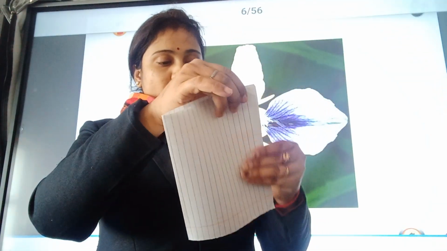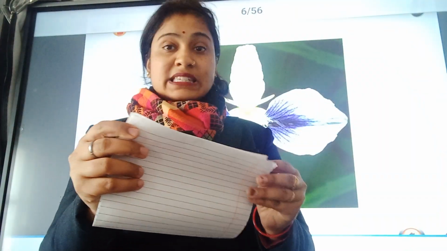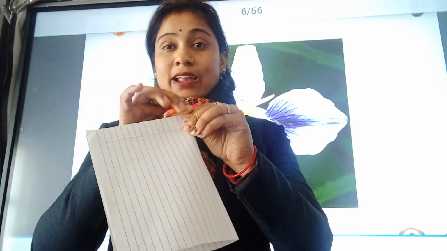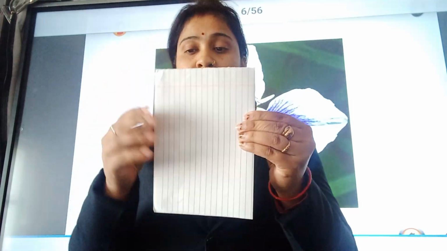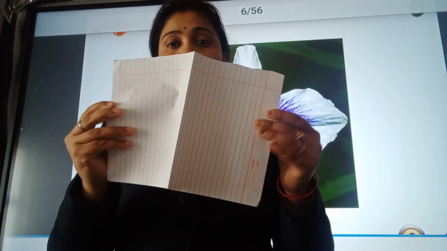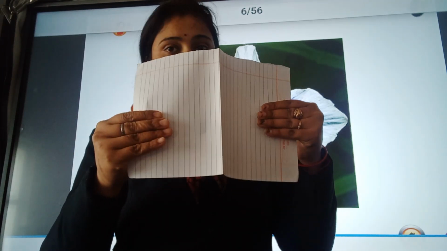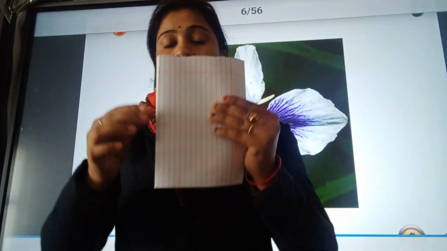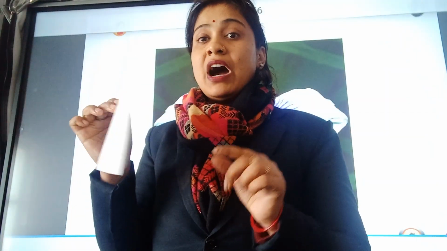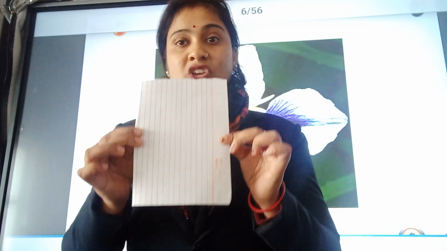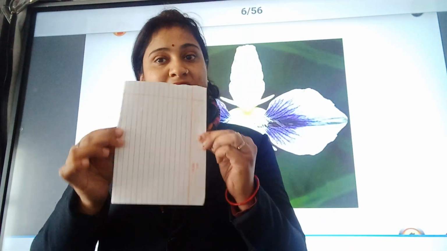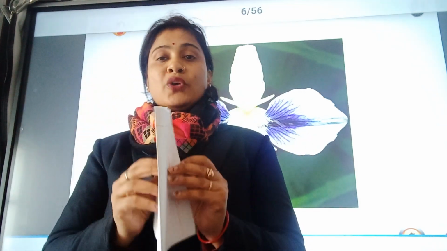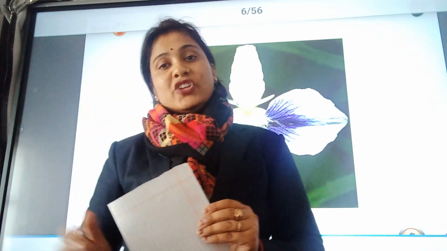Now if we are folding this page along this line, you can see the two halves of this rectangle are exactly overlapping. If I reopen it, we can see the first half and the other half. When we have folded these two halves along this line, we see that they are completely overlapping each other. Thus we say that these two halves are symmetrical or identical to each other.